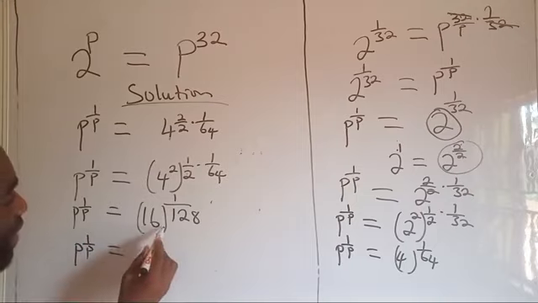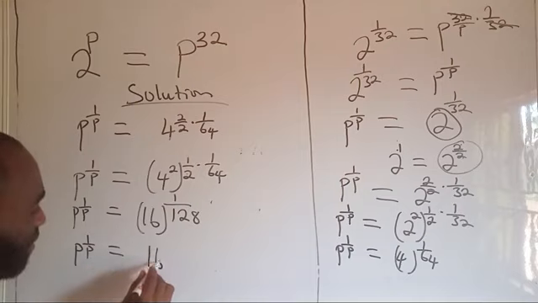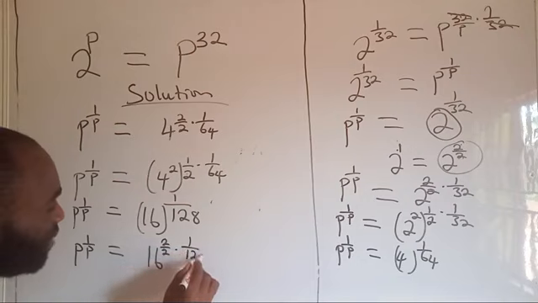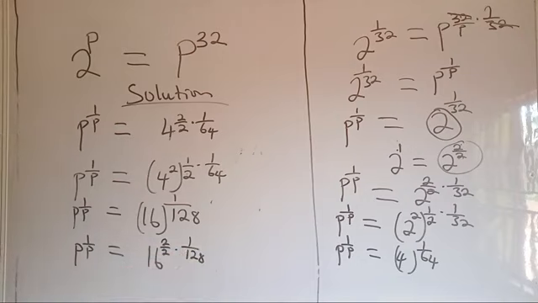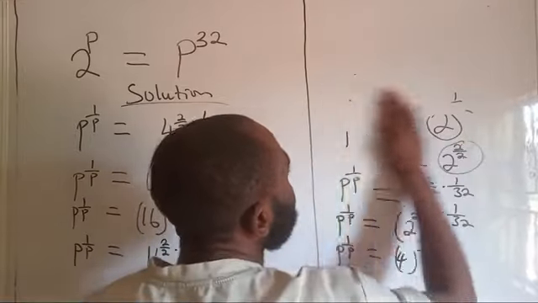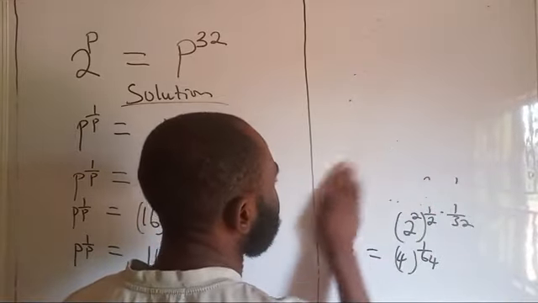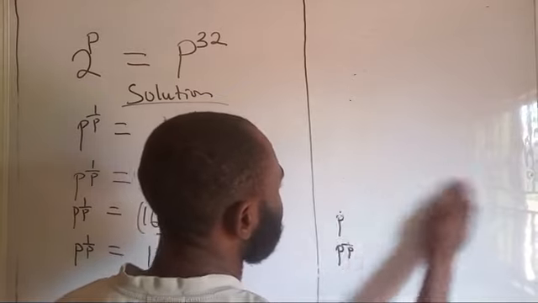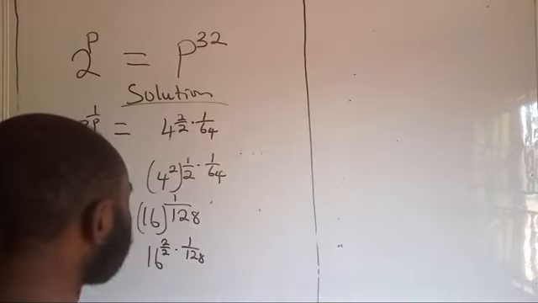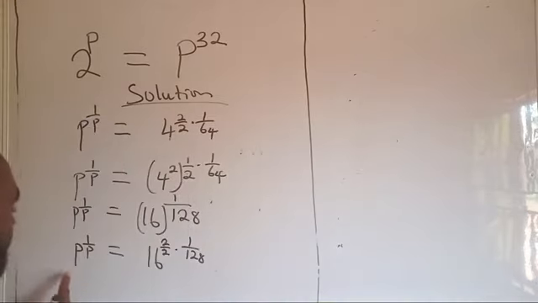Then we continue. p raised to the power 1 over p is equal to. So here we can see 16, 2 all over 2, multiplied by 1 all over 128. So let's continue from here. So with this we'll have this.